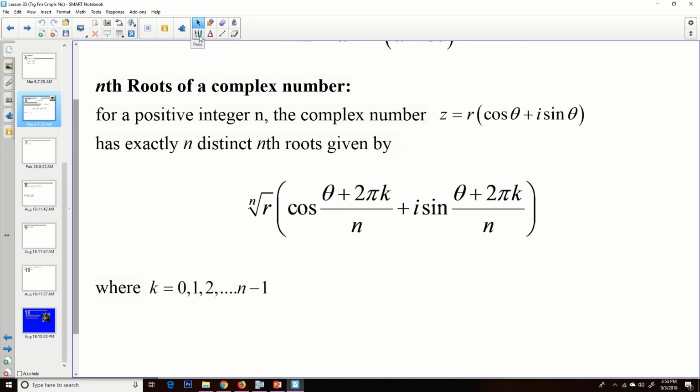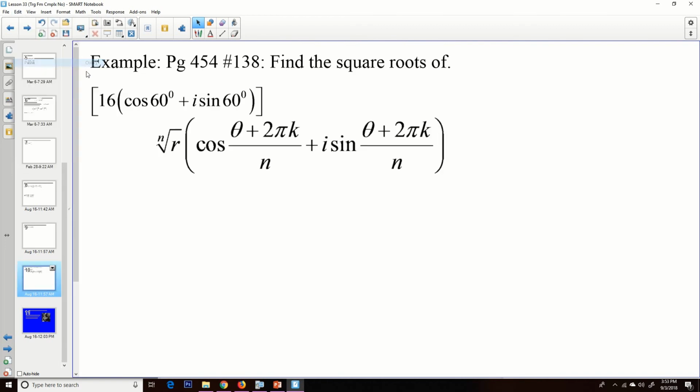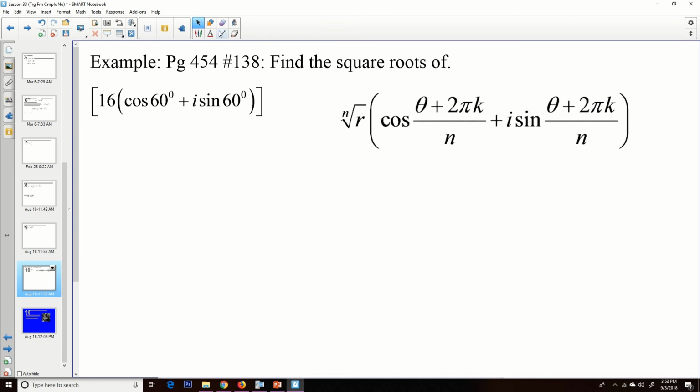So just so that we don't make any mistakes, let's copy this, go back down to here, and paste that in our window right here. And so if I'm taking the square roots in this particular instance, that means n is going to equal 2.